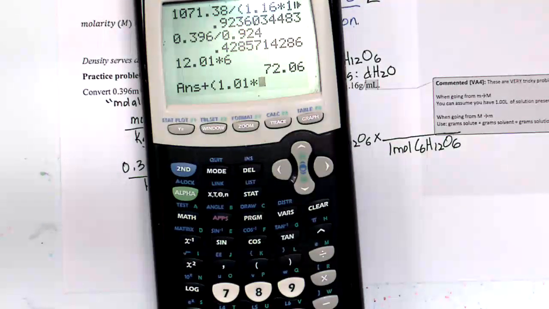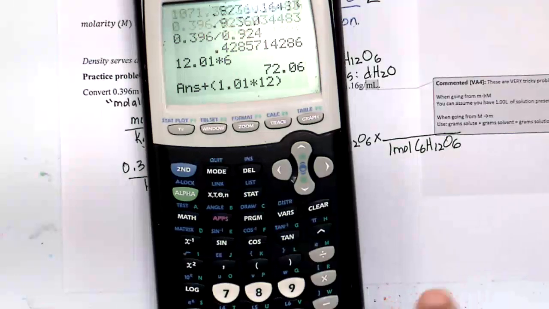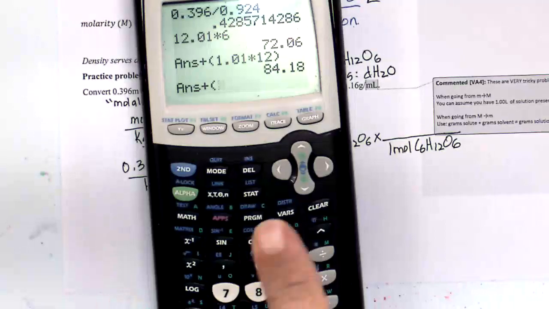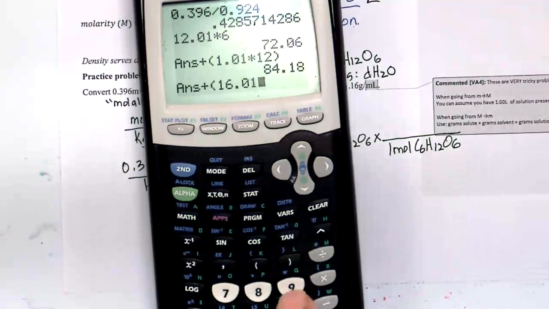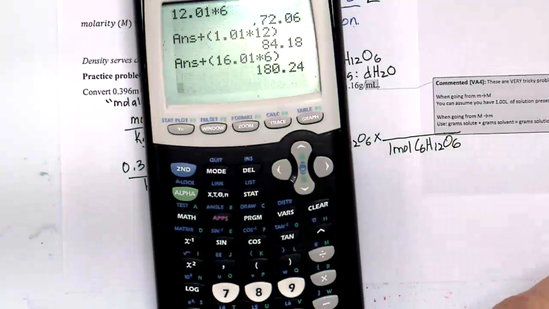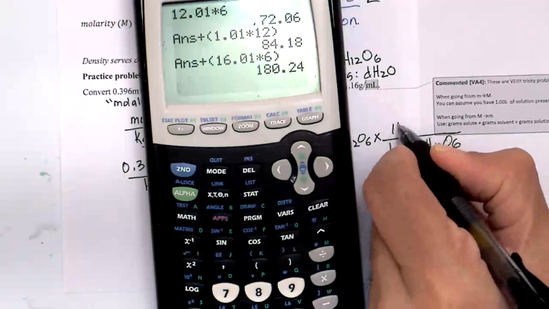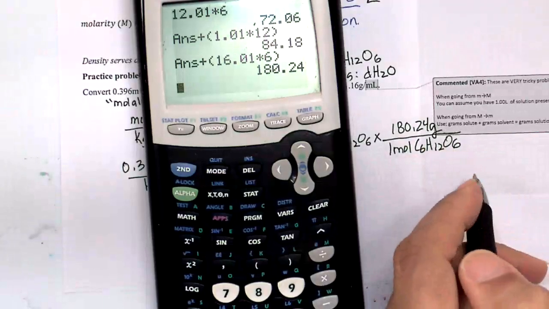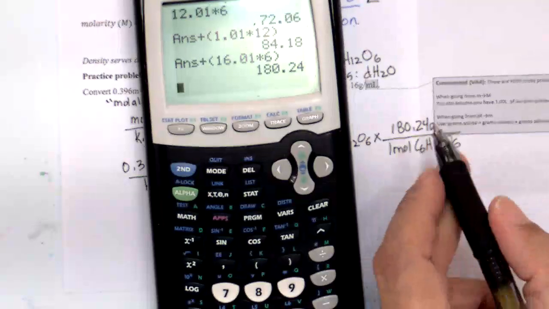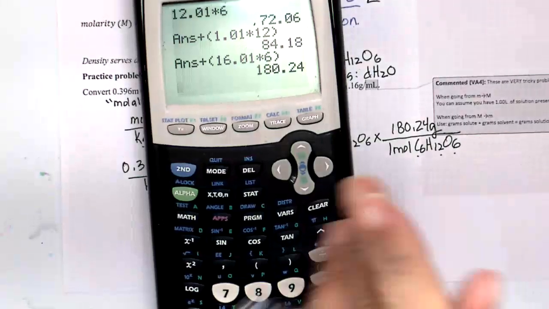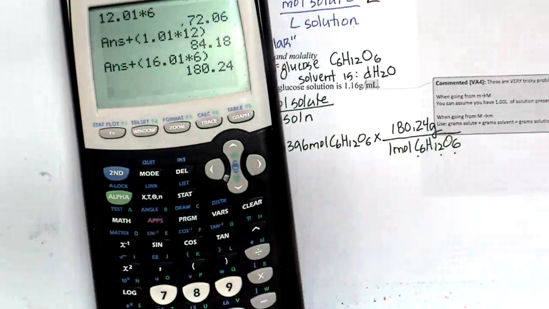So basically you're summing up the number in the periodic table. What is oxygen? We'll go with 16.01. So it's about 180.24 grams. You take that number in the periodic table and you add them up. This has 6 of those units, 12, and then 6 of those units.